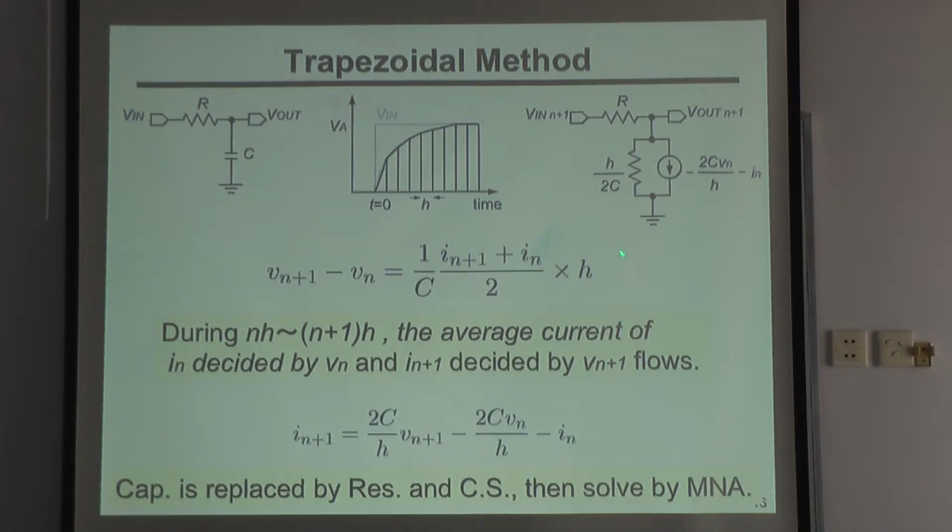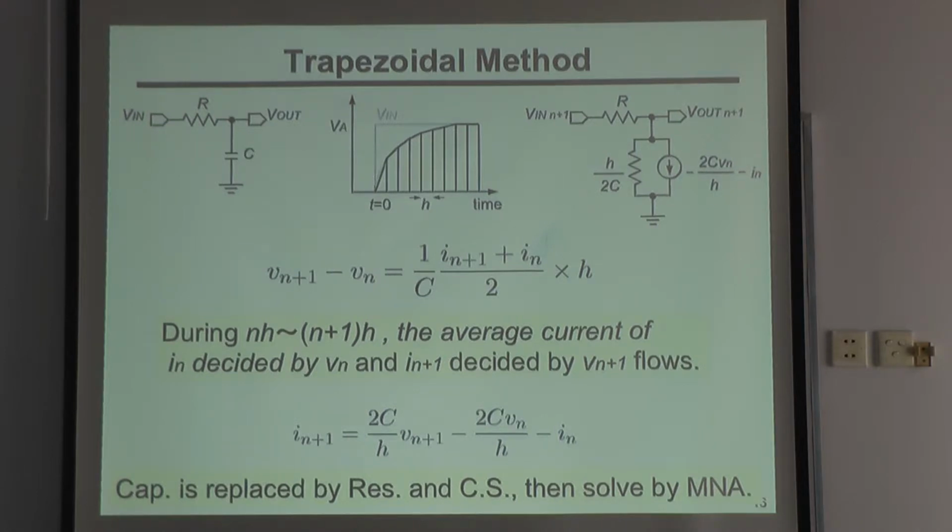And once you see these equations, these equations can be expressed like this. So in trapezoidal analysis, the capacitance can be converted into a current source plus resistance. This is the important point.